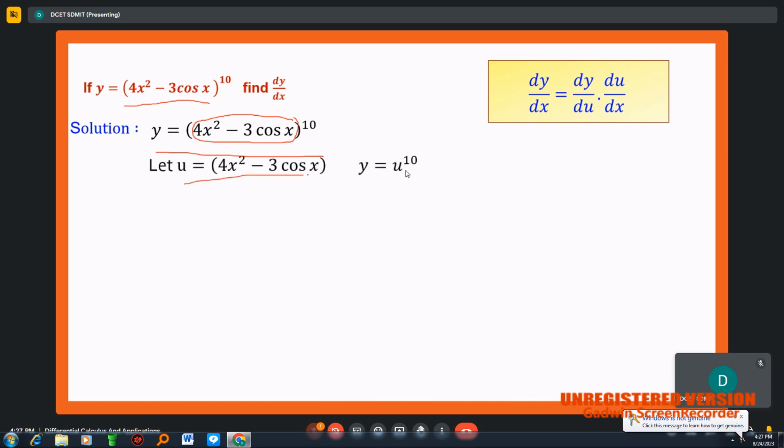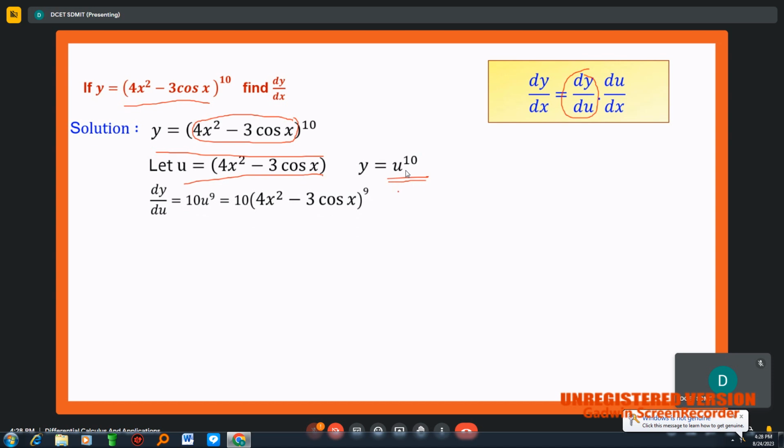u is equal to 4x² minus 3 cos x and y is equal to u to the power of 10. Now, differentiating the y function with respect to u, because we want dy by du. What's the differentiation of u to the power of 10?